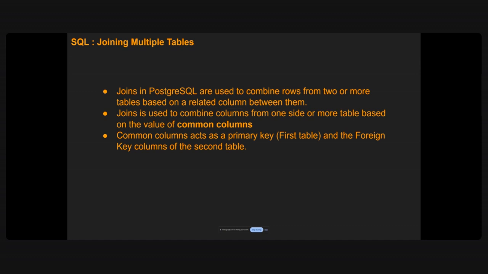And how are these related to each other? With a common column. So we say RDBMS, relational. There is a relation between the employee table and the department table, because some common columns are there which are already in the employee table.